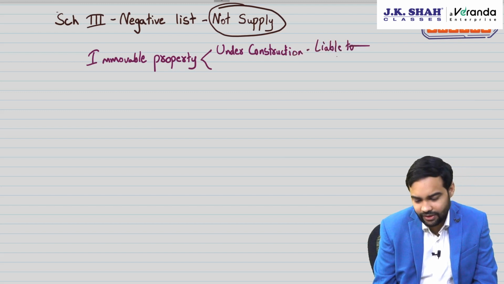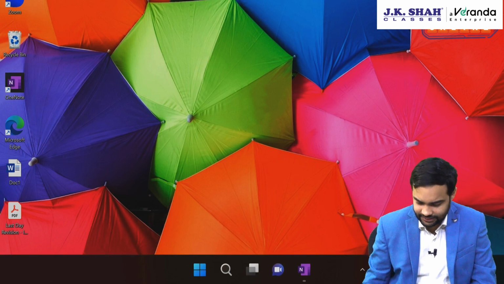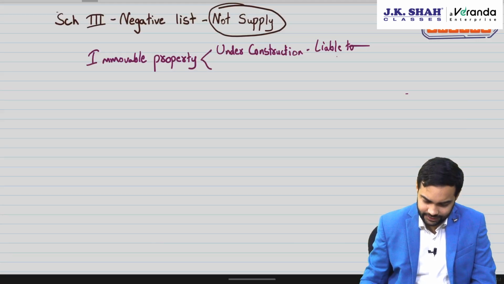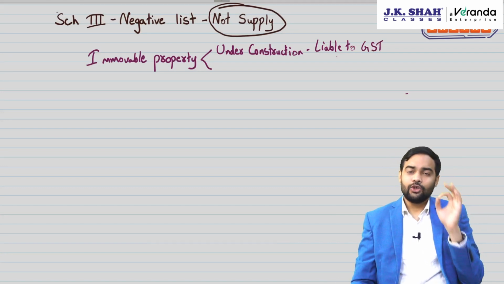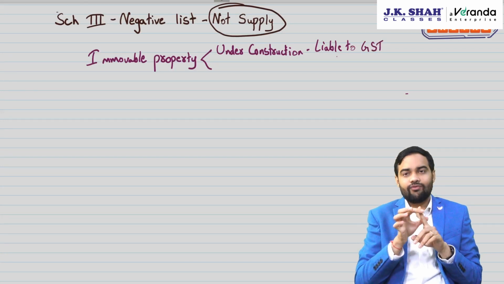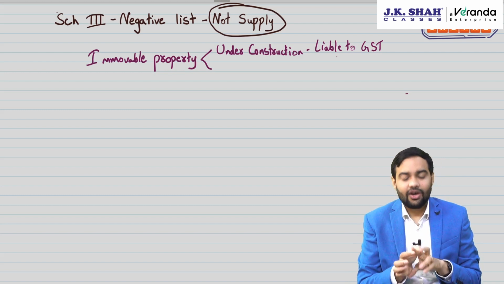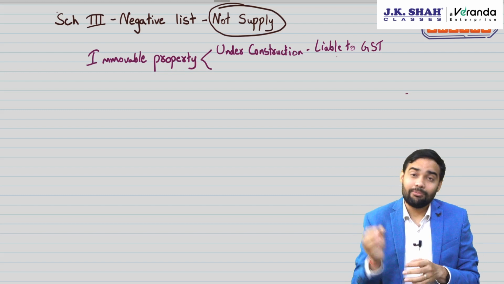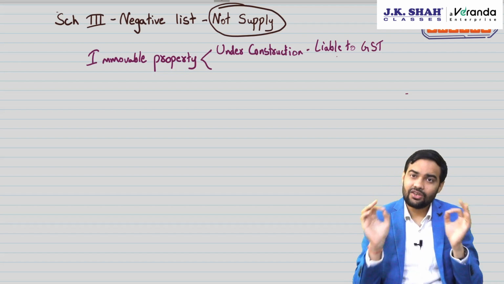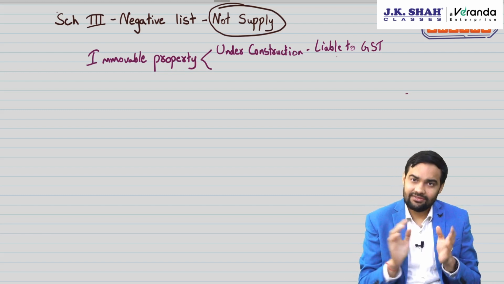Sir, how can we call something as under construction? Now, the law defines it. Under construction is only when you purchase a property before completion certificate or first occupation, whichever is earlier. Before completion certificate or first occupation, whichever is earlier.